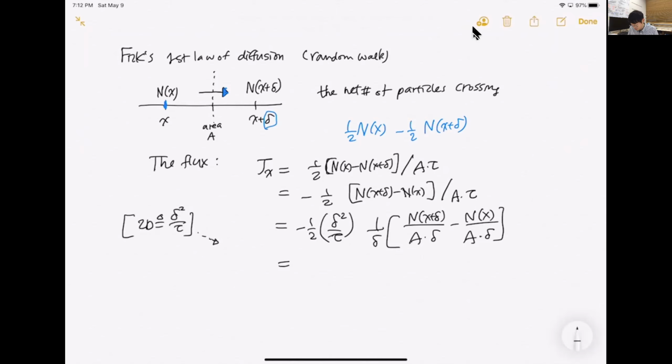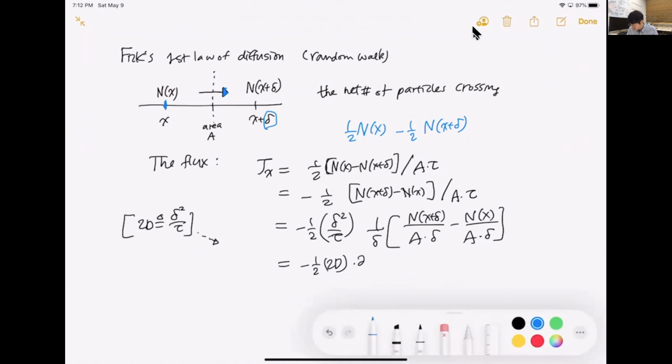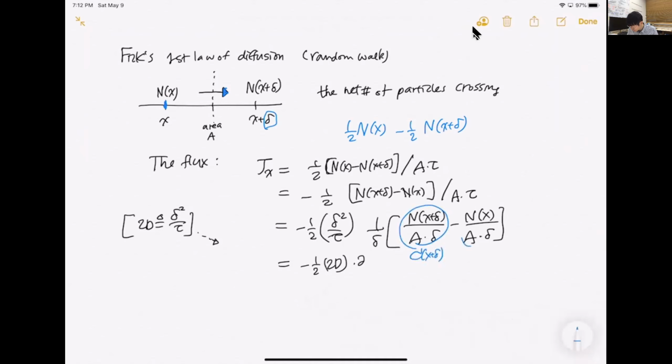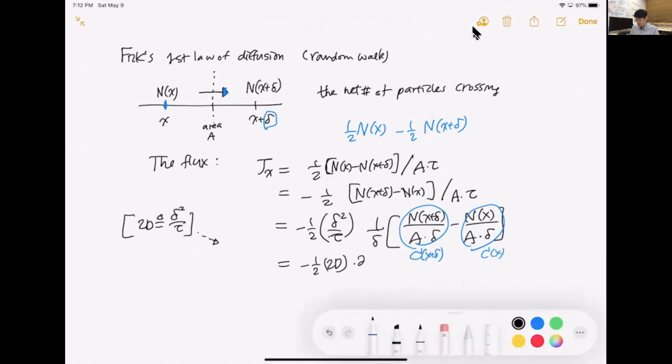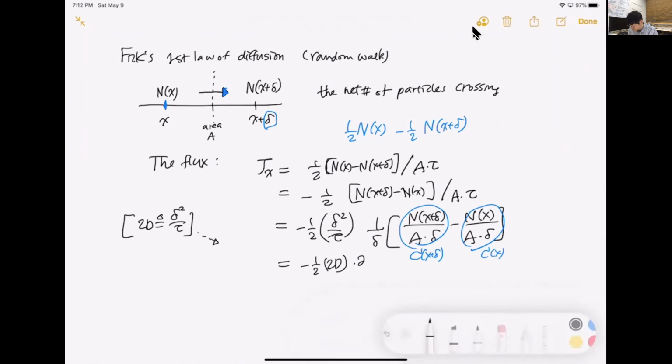It is now minus 1/2, and this is 2D, and this is now actually concentration. So this is the concentration at x plus delta, and this is the concentration at x. So this defines a concentration gradient. If we write it in differential form, it's ∂c/∂x. So thus what we see is Jx equals minus D ∂c/∂x.